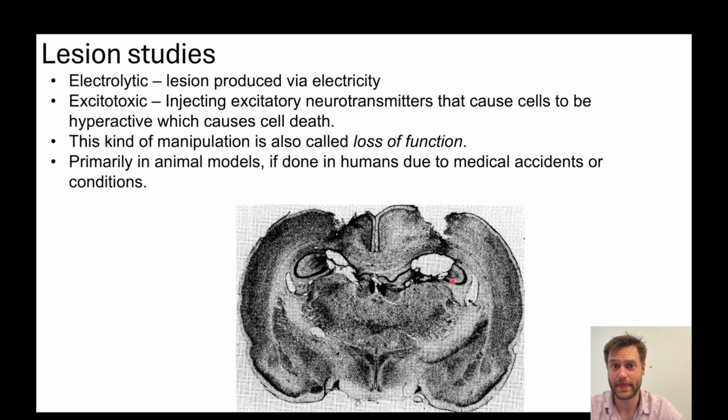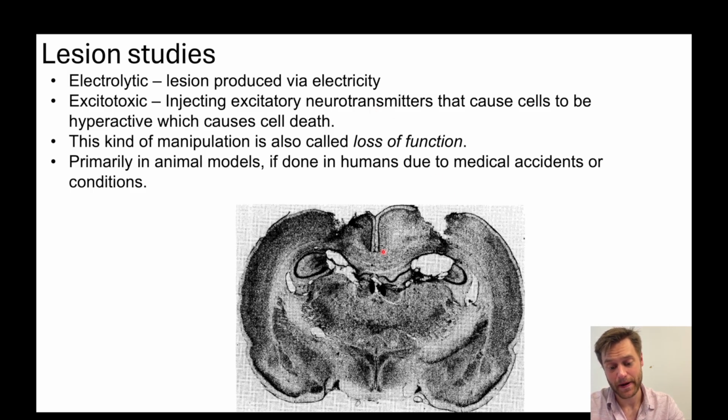In fact, I'm almost certain it will be a test question that a drawback of lesion studies, and basically any kind of loss of function study from a long time ago, is that they're not very specific to the neuronal population that you care about. So make sure to know not only that electrolytic lesions are produced with an electrode through electricity, and that excitotoxic lesions are produced through chemicals or excitatory neurotransmitters, but that a drawback of these techniques is that you don't have very good resolution.